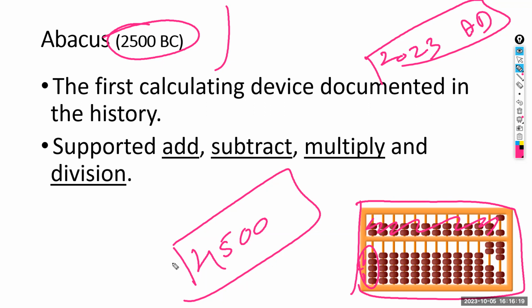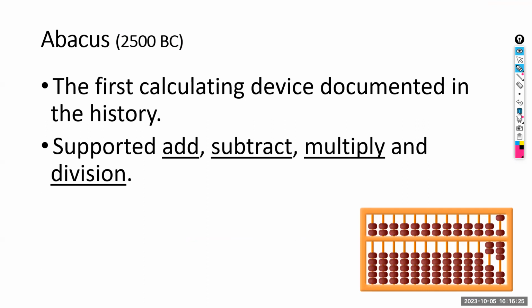So we now call it the abacus. We can't say that it is the first manual device, but it is one of the documented devices in history. Therefore, we consider this the first manual computing device.